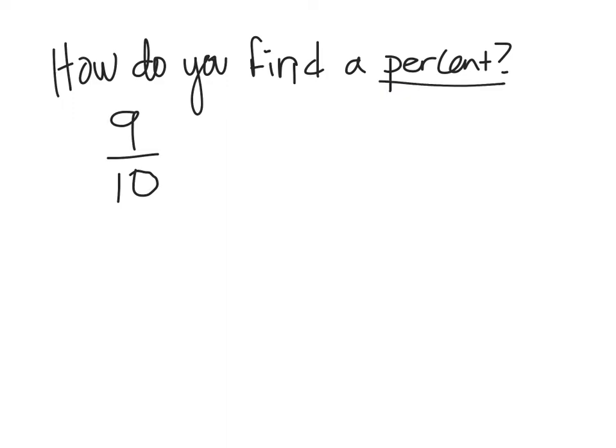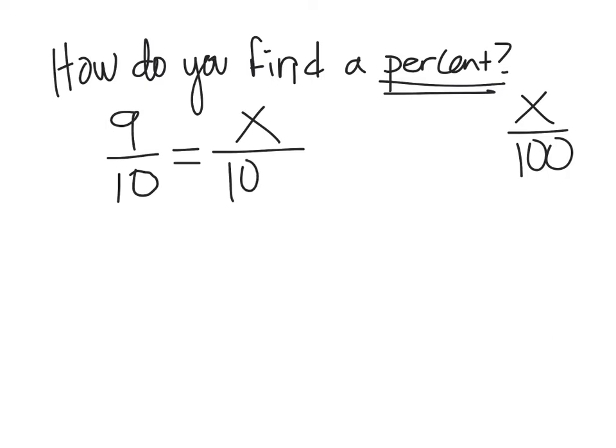Well, remember that percent literally means something out of 100. So I'm going to set this up as a proportion. I'm going to say 9 out of 10 equals how much out of 100. And then that's, of course, going to tell me that it's x percent. Well, 10 is a pretty nice number. I can see that if I use my skills from earlier in this unit, I can just scale this up by multiplying by 10.